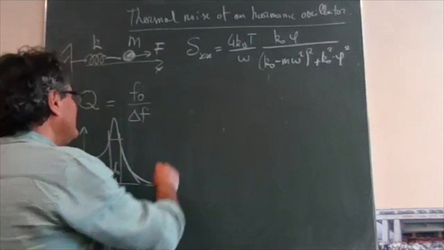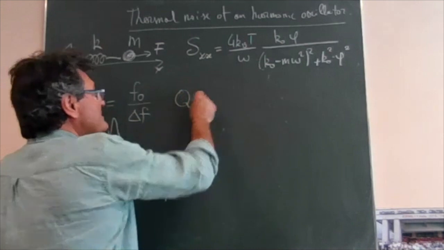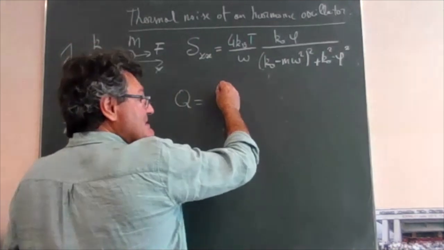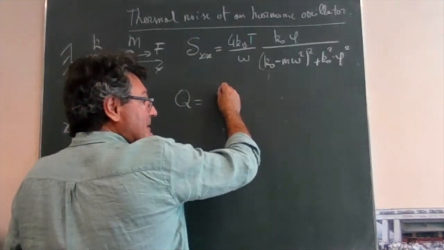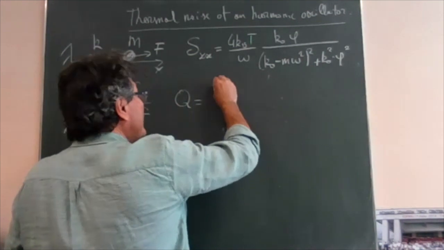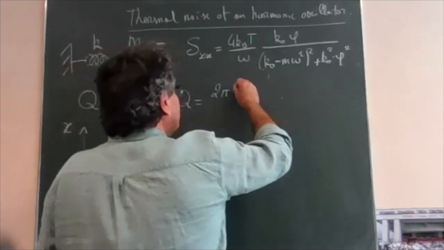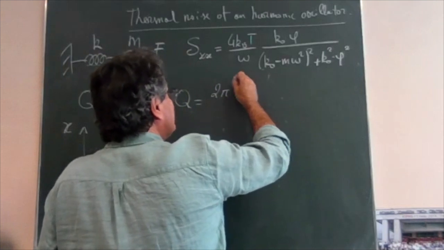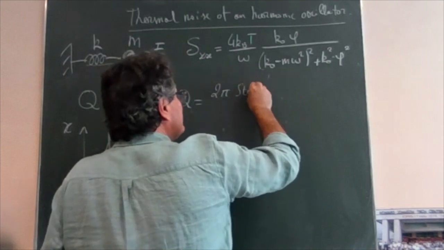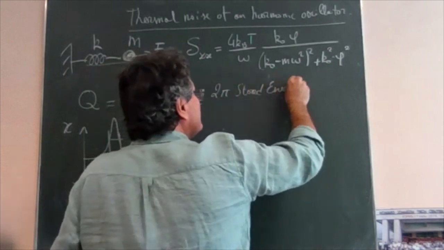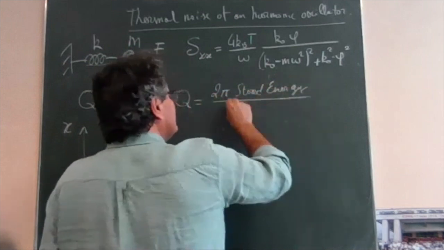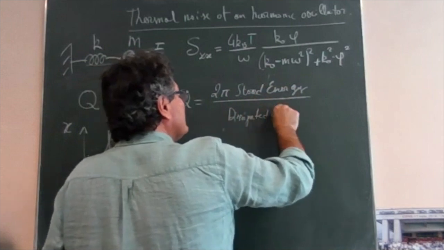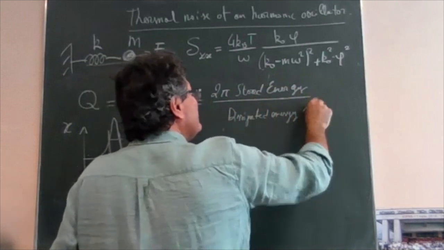This has also another definition, a definition on energy, and this is 2 pi times the stored energy divided by the dissipated energy on one period.